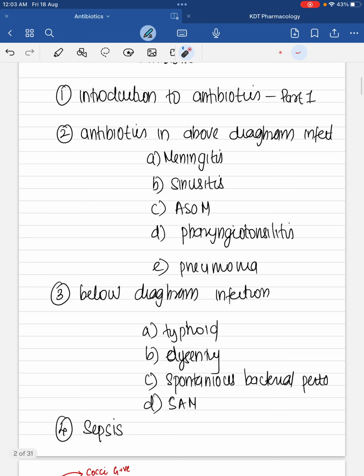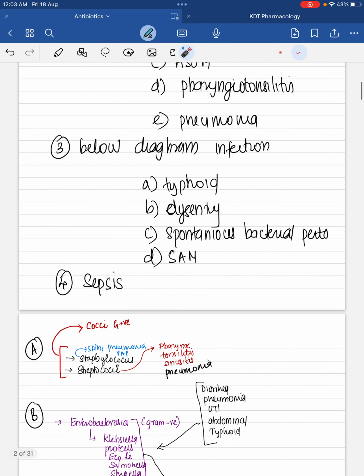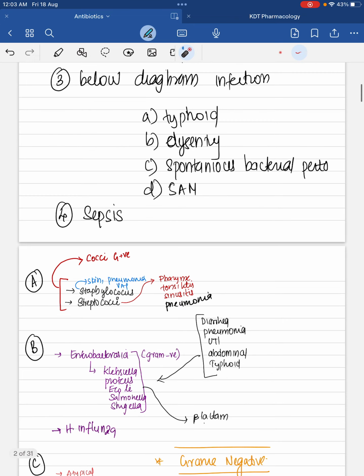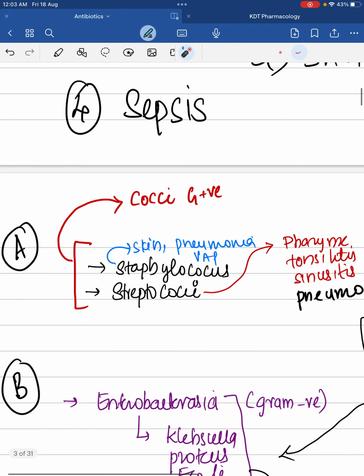The first topic we have to know is what the common bacteria are which affect the pediatric age group at different organs. The first one is the gram positive cocci. The gram positive cocci consist of Staphylococcus and Streptococcus.